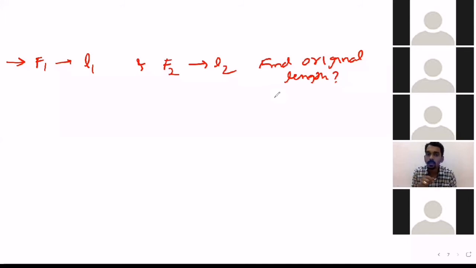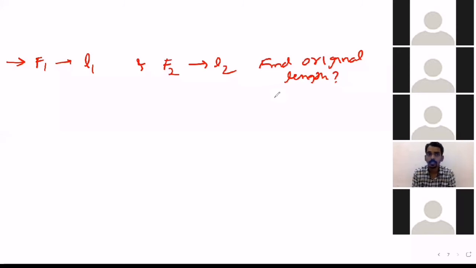The increase in length is final length minus initial length. That is the first thing. Now you removed F1, it came back to L. Now you apply F2, now the length became L2. Now what is the increase in length? L2 minus L.